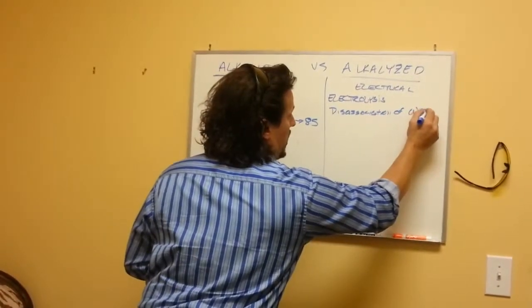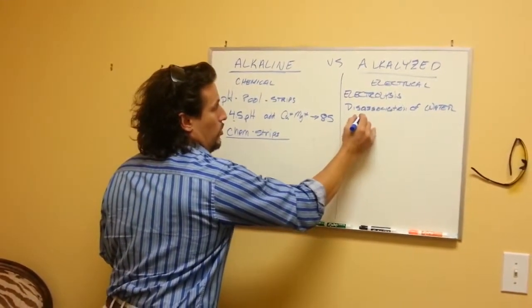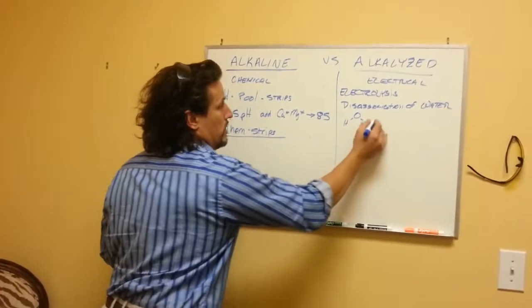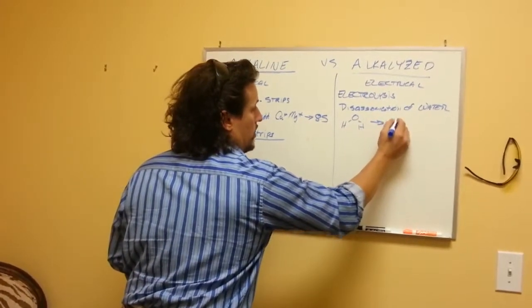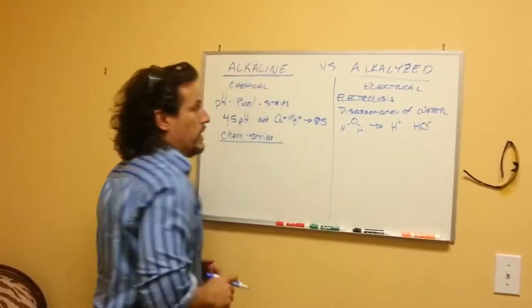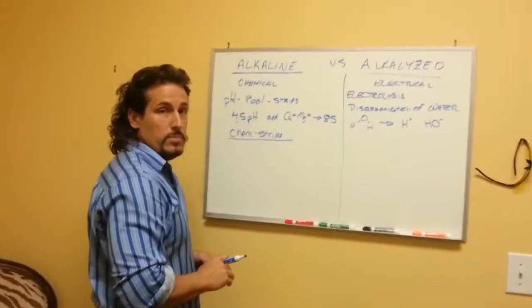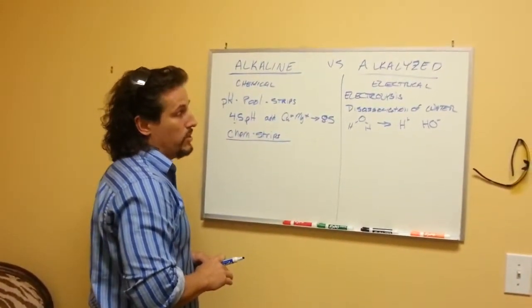And you can Google that. Basically, it's the process by which you take water and split it into a hydrogen ion and a hydroxyl ion. The hydroxyl gives you a free electron that you can use to be a free radical scavenger.